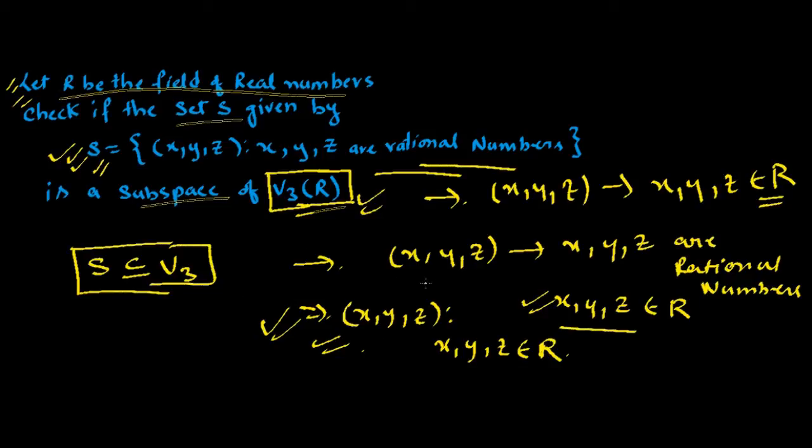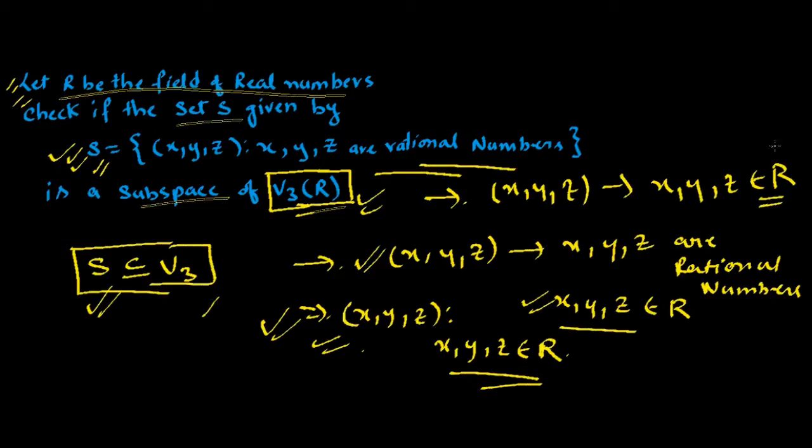It shows that because we have taken the general element of S and from it we have reached the general element of V3. So S is a subset of V3.